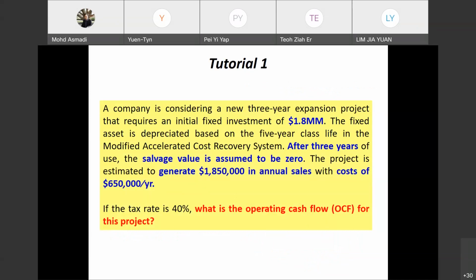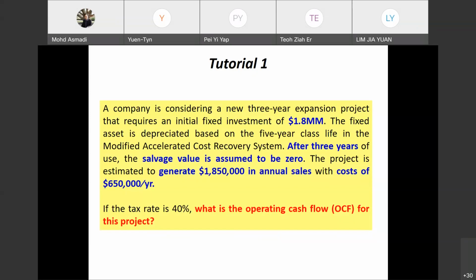If you look at here, you have to do this tutorial. A company is considering a new 3 years expansion project that requires an initial fixed investment of 1.8 million. Okay, the fixed asset is depreciated based on the 5 years class MACRS. So after 3 years, the salvage value is assumed to be zero. So the equipment, meaning that no value for the equipment. Yeah.